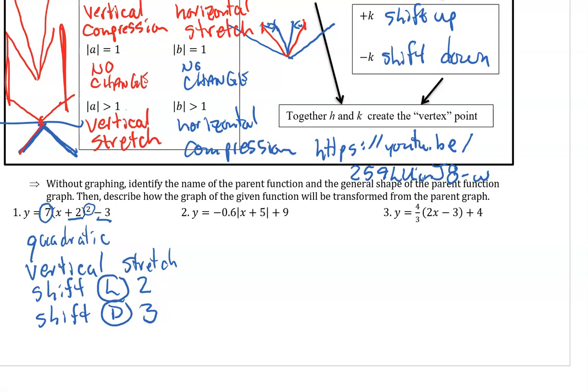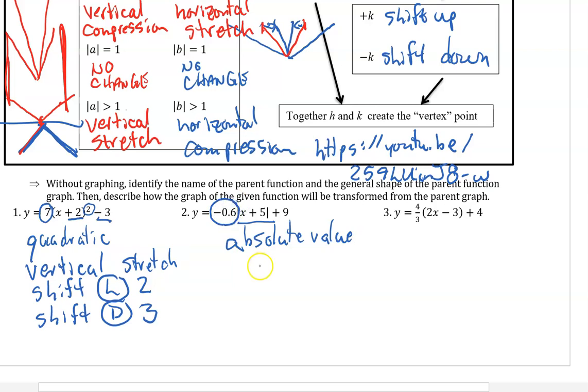On number 2, here we have an absolute value function as the parent function. We see a out in front of negative 0.06.